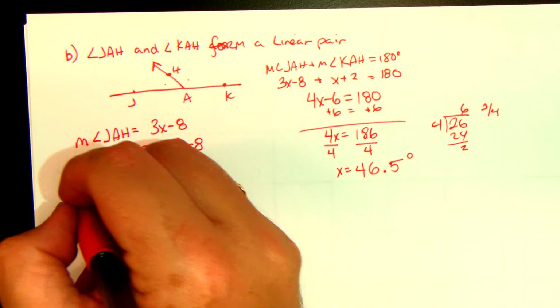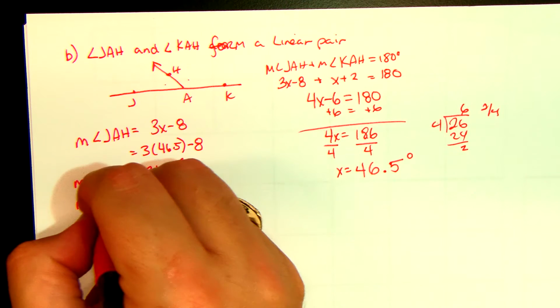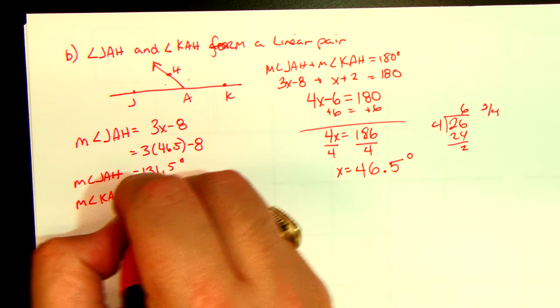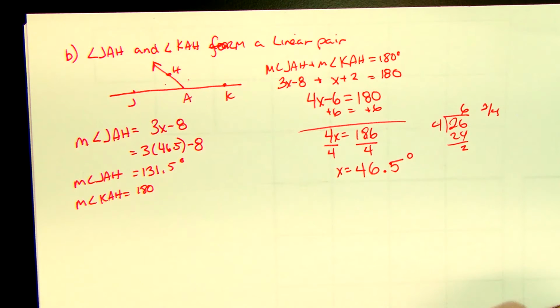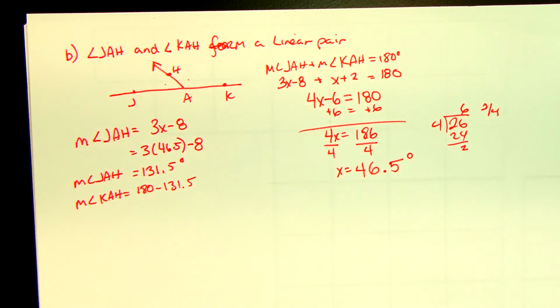So the measure of angle KAH is going to be 180 degrees, because we know that they both add up to 180 degrees, minus 131.5. So that's 48.5 degrees.